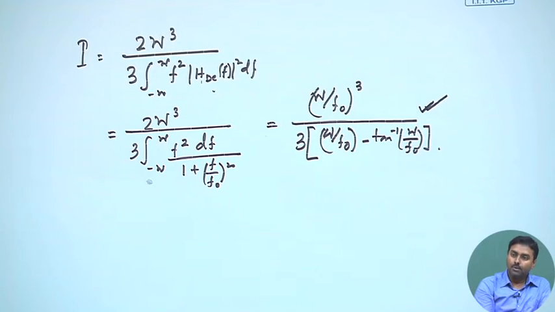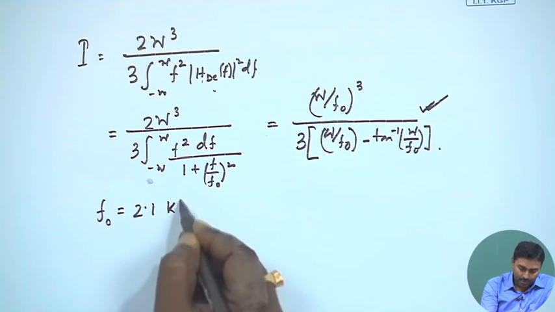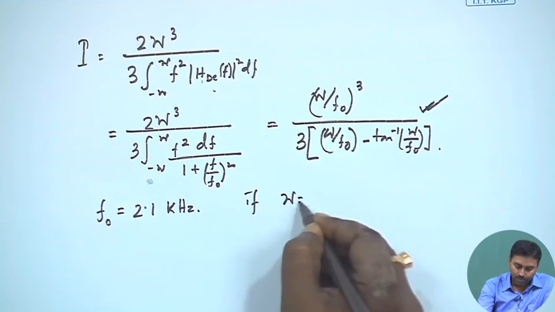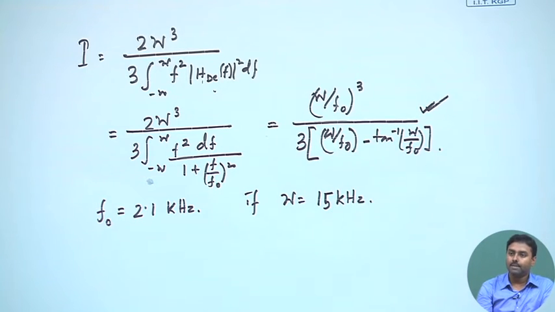So, this is what is becoming I, and if we take F0 to be 2.1 kilohertz and W to be 15 kilohertz for a typical FM transmission.